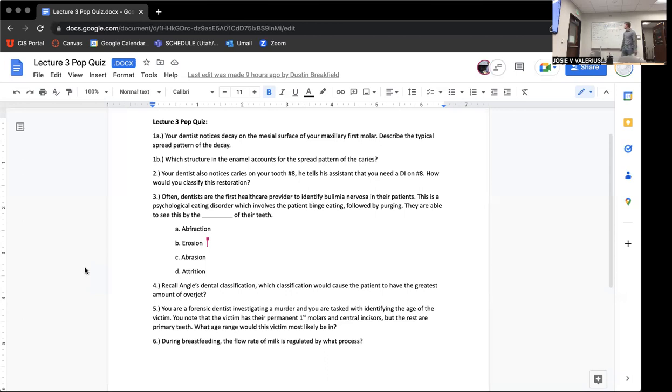So anterior and posterior tooth. What about a class 2? Right. So yeah, it would be on the posterior teeth. So posterior only.